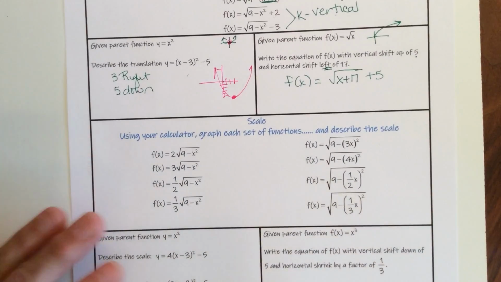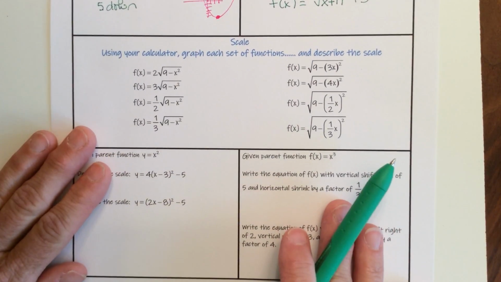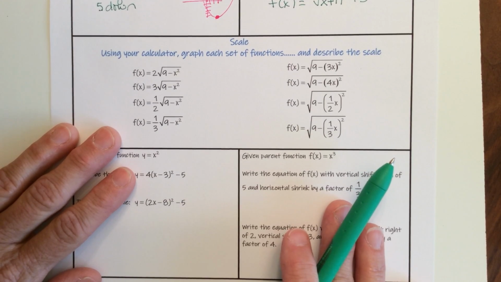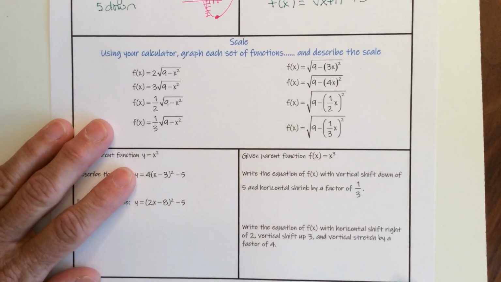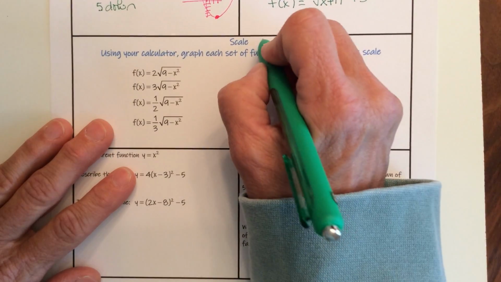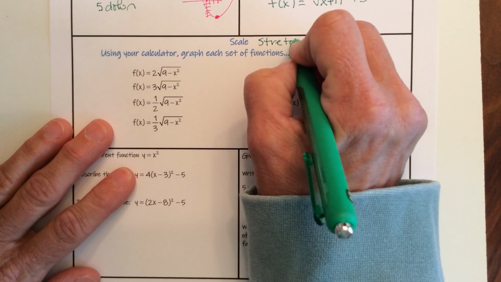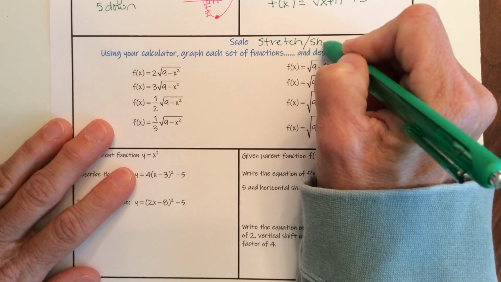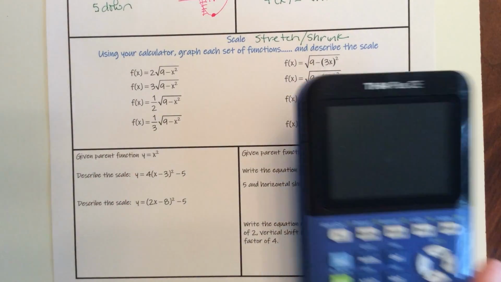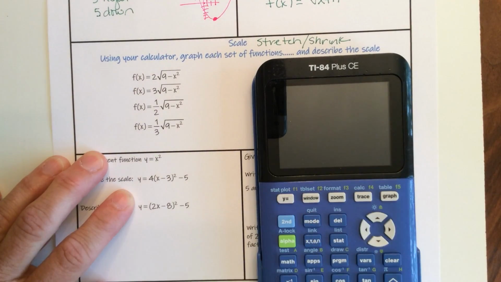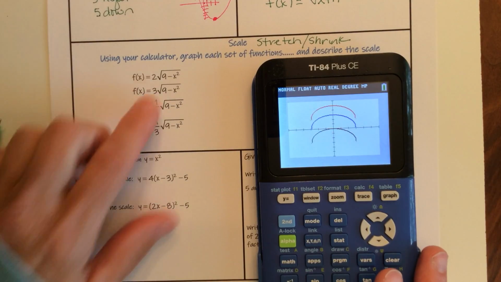Okay, so now let's talk about the scale. A scale, I'm hoping, brings to mind a shrink or a stretch. So, stretch slash shrink. Going back into our calculator, I've got to turn it back on.